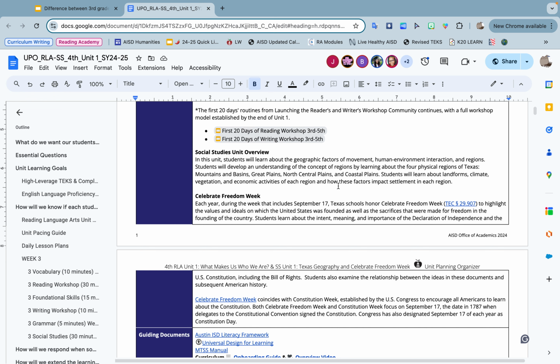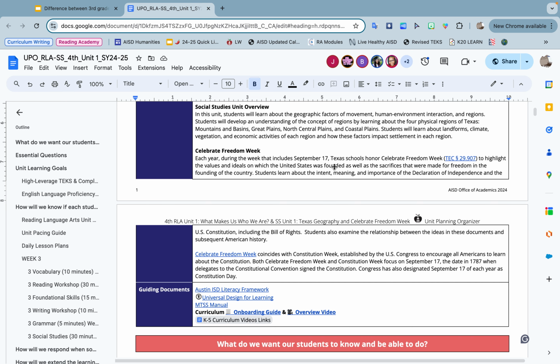And because this one is about geography, you're going to see that it's talking that students should be learning about different geographic factors, developing their concept of a region, looking at Texas regions, and learning about how the physical environment and the human environment affect each of those regions.